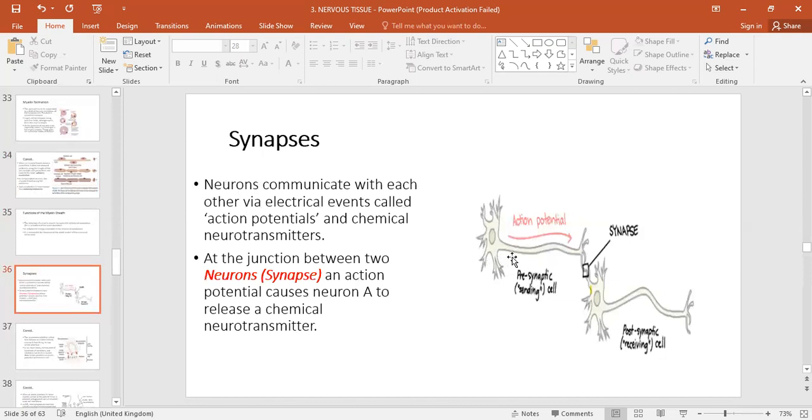So the neuron that is trying to communicate with the next neuron is what we call the pre-synaptic, because this is where the synapse is. So you can call it pre-junction neuron, because this is where the junction is. So this is pre-synaptic neuron, then this will be post-synaptic. Pre, before synapse, post, after synapse.